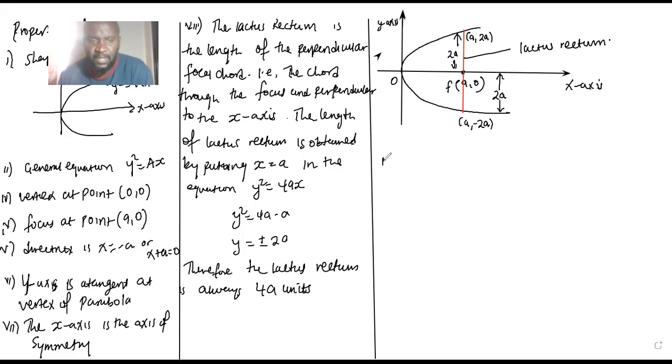The last point we can note is the parametric coordinates. Yesterday you saw the ellipse has parametric coordinates, which are a cos theta and b sin theta. Even the parabola has.